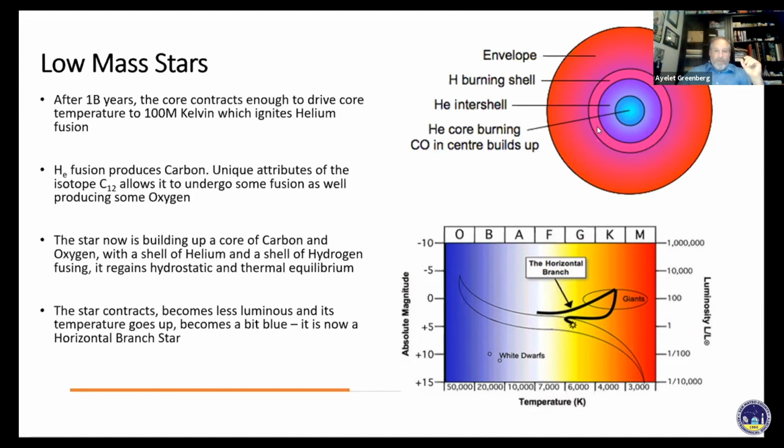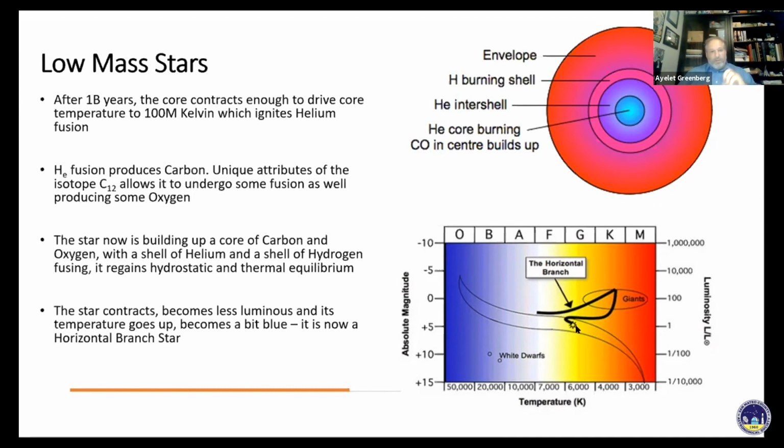As you can see in this diagram, we have the helium fusing around it, and we have the hydrogen fusing around that. Now, because the star found a new source of energy, it's not only fusing hydrogen, it's also fusing helium. It is now again in both hydrostatic and thermal equilibrium, and so it's starting to trend back towards the main sequence. However, it never really reaches it, and it's what we call a horizontal branch star.